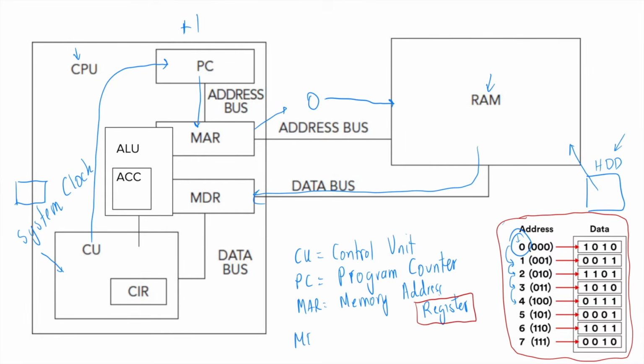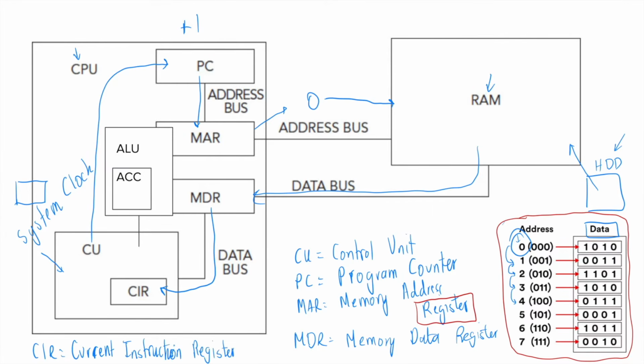Our MDR is going to be our memory data register. Now, once we receive that data, meaning what's in this column, at our MDR, we're going to send that data over the data bus to our CIR. Our CIR is another component called the current instruction register. And I'll just write that down right down here.